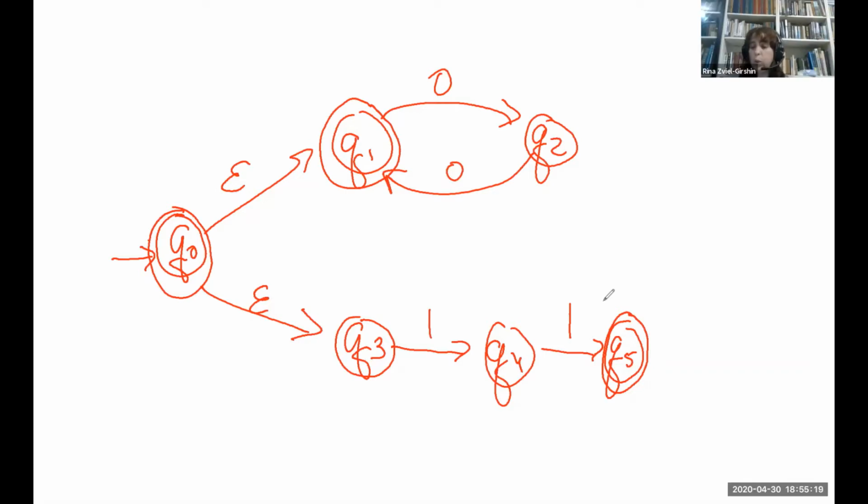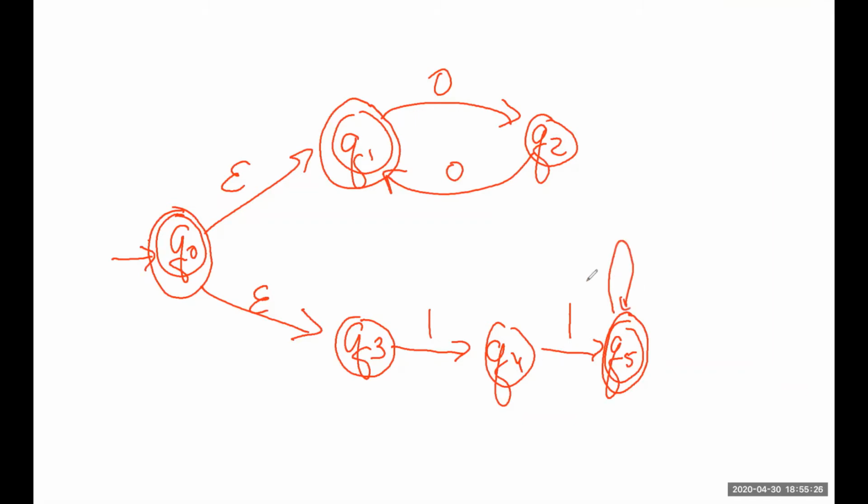If I continue to get ones at Q5, what should I do? I stay here. So if I have more than 2 ones, I'm staying at Q5. Okay. If you stay at Q5, then you have more than 2 ones, and this is a wrong choice because I was asked to get exactly 2 ones.